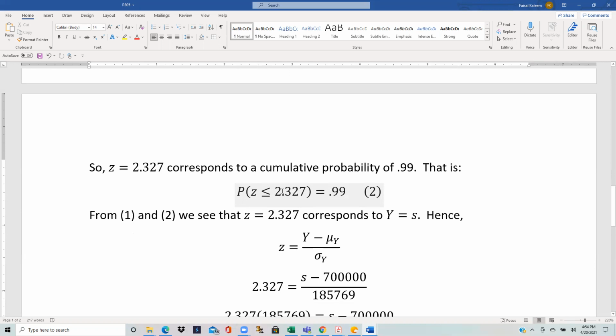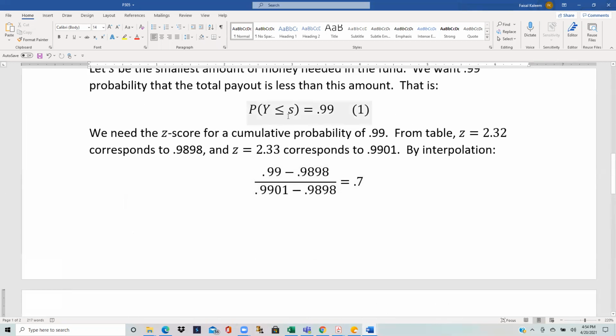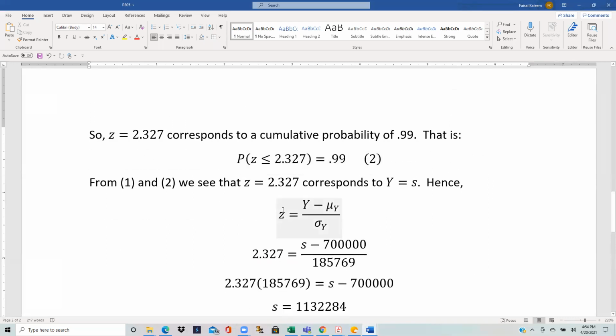So when z is equal to 2.327, Y is equal to s. This is the z-score formula: Y minus mean of Y over standard deviation of Y. So when z is 2.327, Y is the smallest amount.